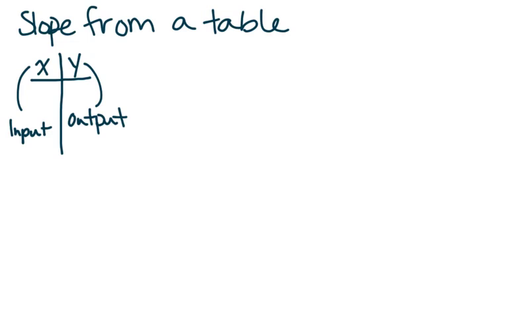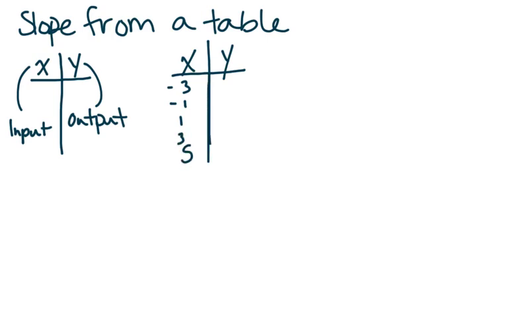So in this case, if I have an x and y table, let's say I have negative 1, negative 3, and I want to go the other way. Negative 3, negative 1, 1, 3, and 5.